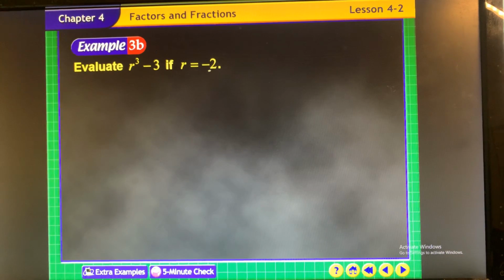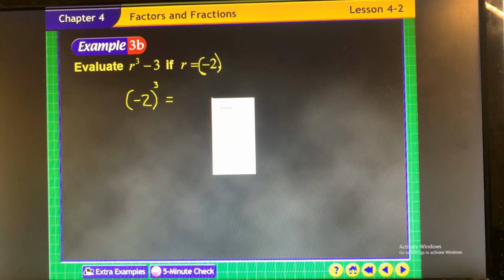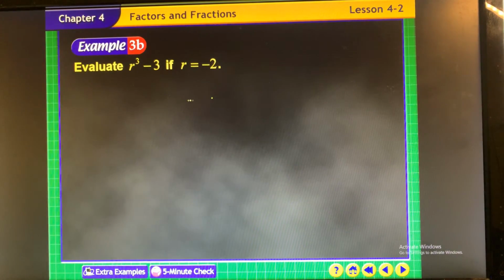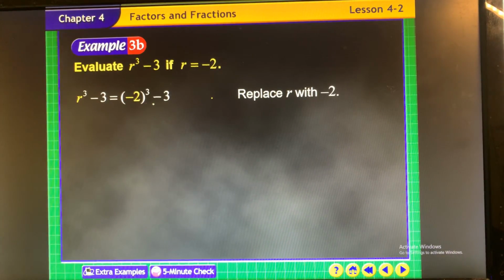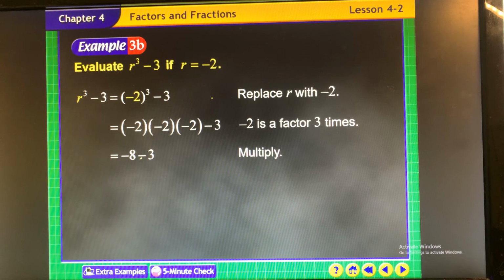Make sure you take the package, the whole package. And when you carry that package over, you need to put it in a parenthesis bag. So you're going to do the quantity of -2 cubed, not just -2 cubed, because remember we talked about that. I can't believe I just put an equal sign there. So write like this. This is -2 times -2 times -2, which is -8 minus 3 or plus -3 is -11.